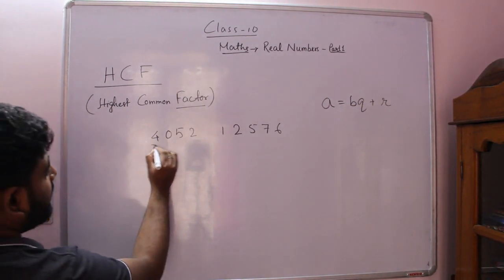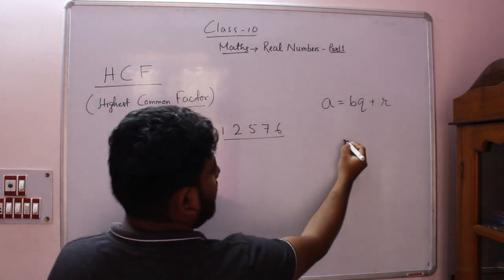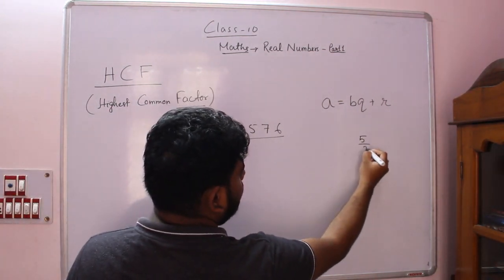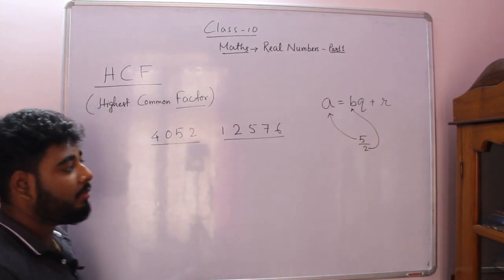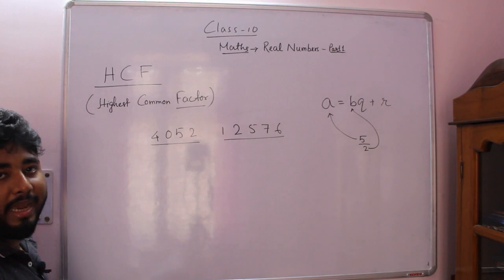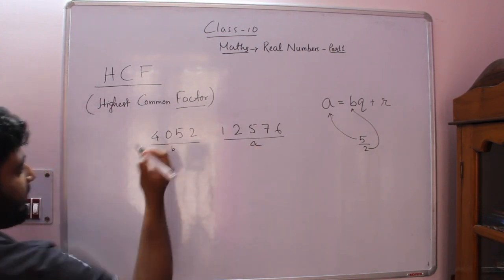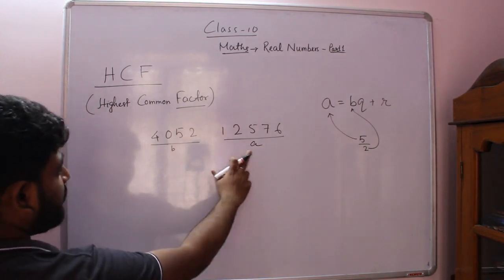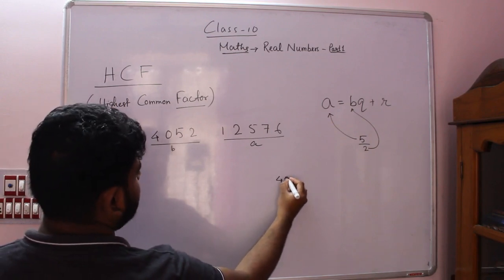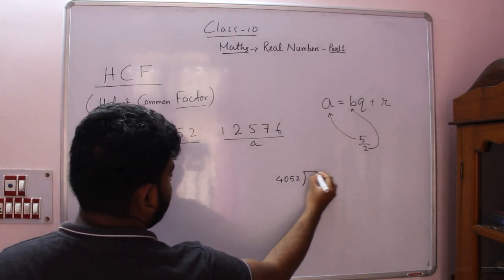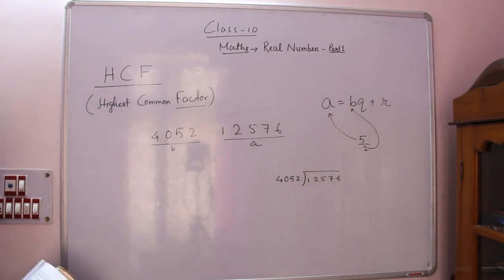So see, this is a smaller number and this is a greater number. Obviously when we divided 5 by 2, this was our a and this was our b. So the smaller number has to be b and the bigger number has to be a. So first you will take the bigger one as a and this as b. Now we have to divide 12576 by 4052.